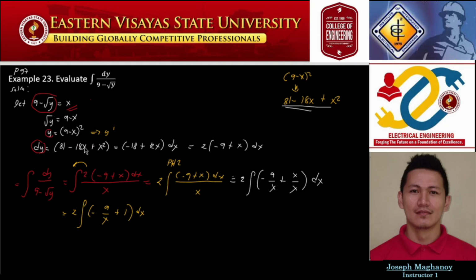We can apply your property number 1 here. So if you apply property number 1, you distribute including your real number constant 2. So 2 integral of negative 9 over x and of course your dx. Then plus 2 integral of dx. Okay.